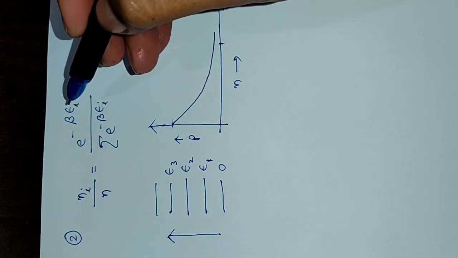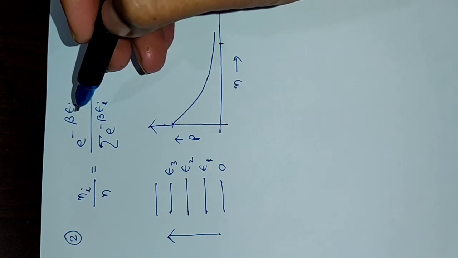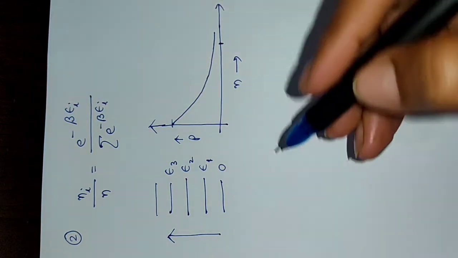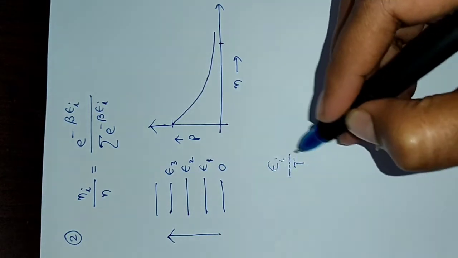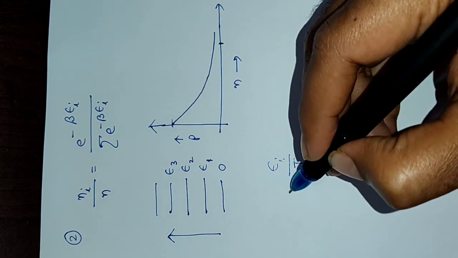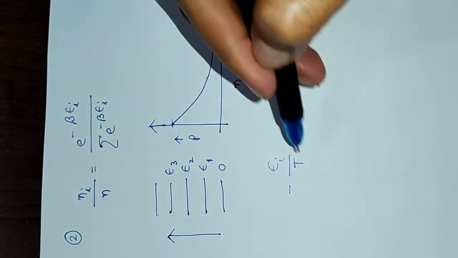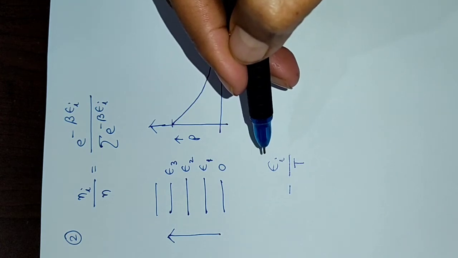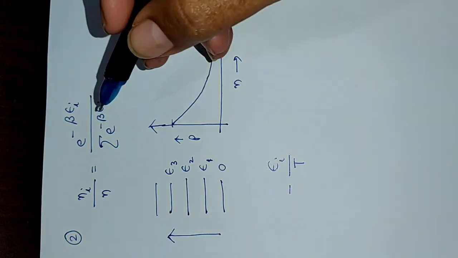We have to put the temperature factor in the denominator, so that epsilon by T will decrease with increasing temperature, and we have a negative sign here, see. So with increasing temperature, this factor will increase. Then only we will have an increase in population as per the law.